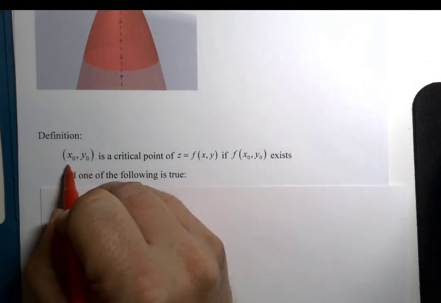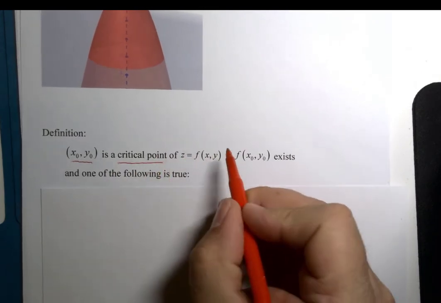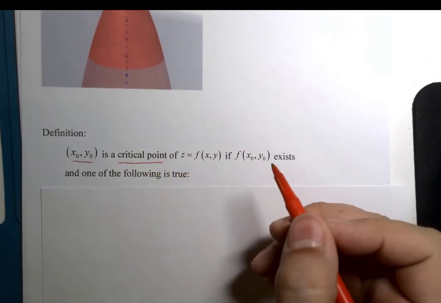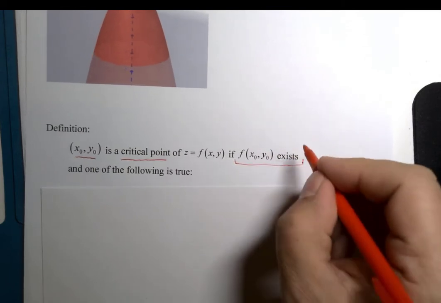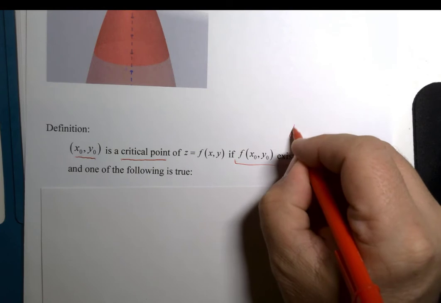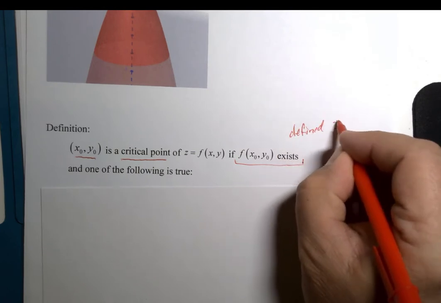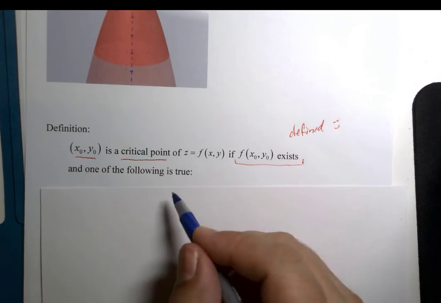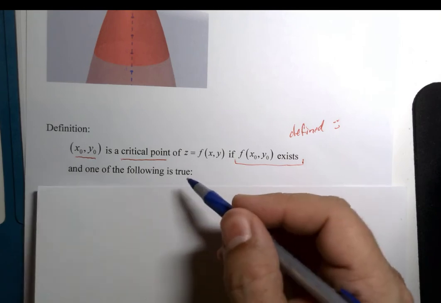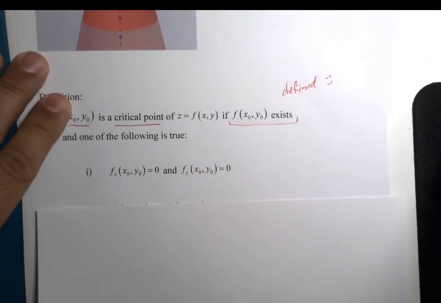It says this is a critical point of the function if, oh, there it is, exists again, or I should say that's the same as writing defined, right? That same possible terminology there. And something has to be true besides that.